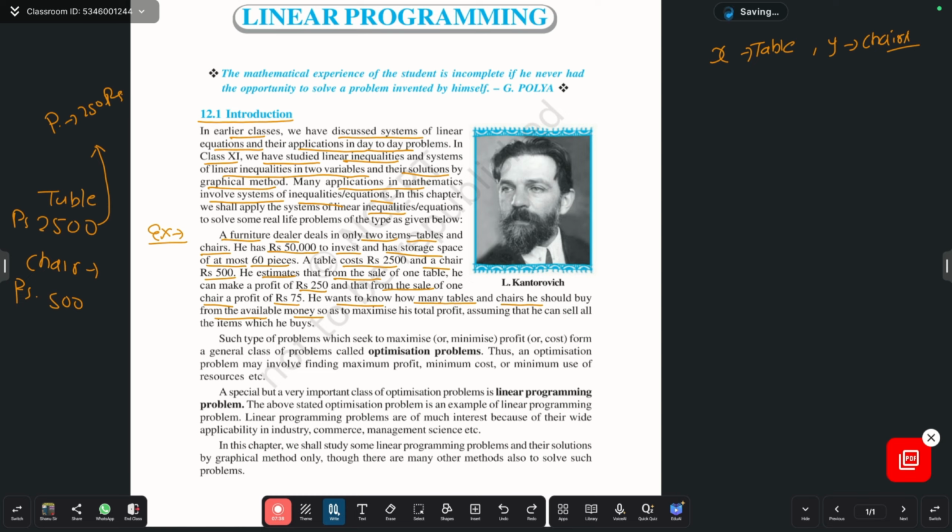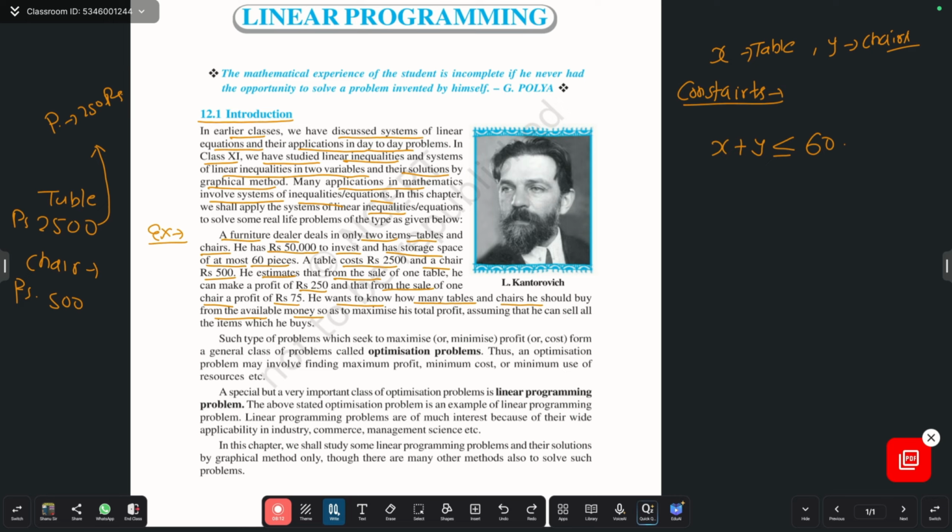The first constraint is that X plus Y must be less than or equal to 60, because only 60 pieces are allowed in that room. You have one room, and you can occupy only 60 items in it.